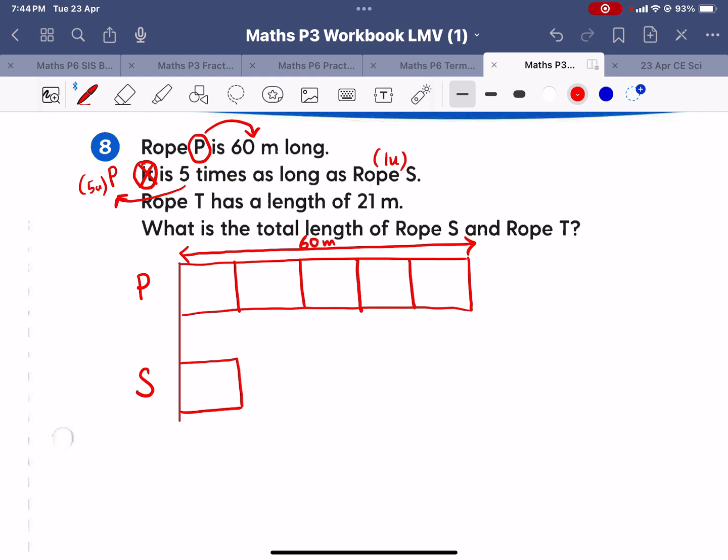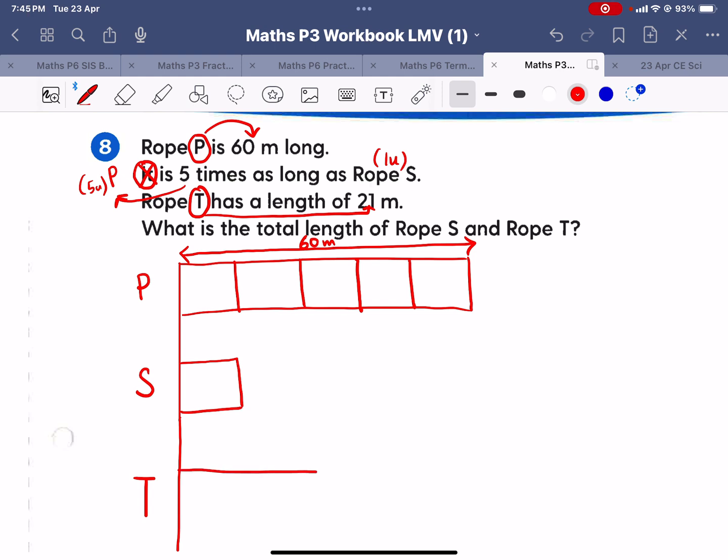Now, the story doesn't end at P and S. Let's continue the third sentence. Rope T. We have now got a third rope, which is rope T has a length of 21. So I'm going to continue down to the third model, a comparison model again. And it says that T has a length of 21. Now, as to how long is 21, I do not know.